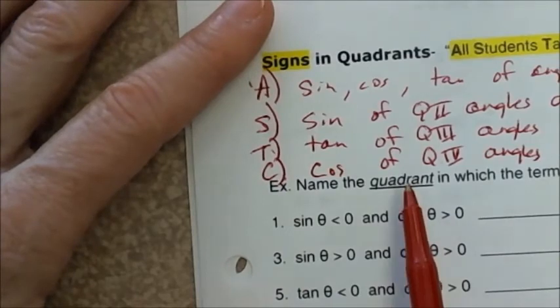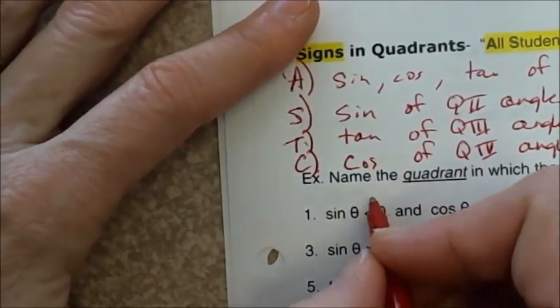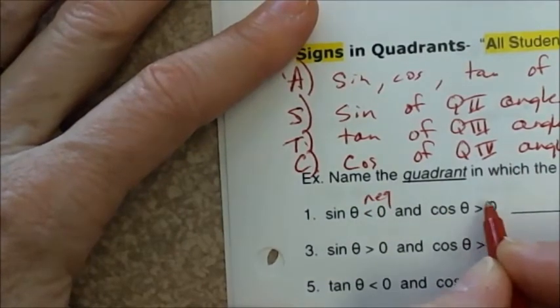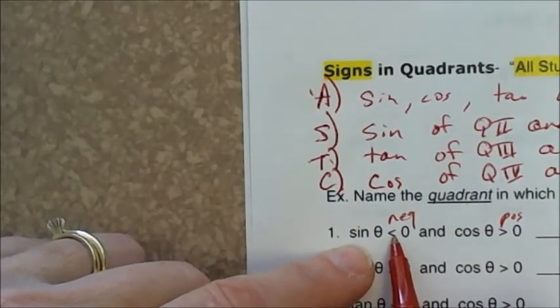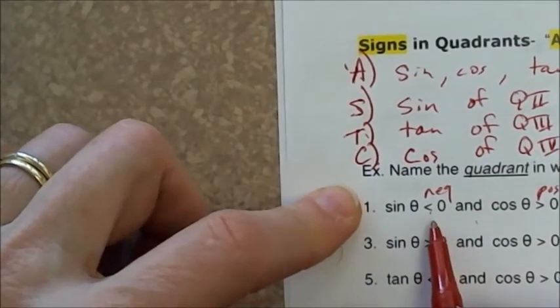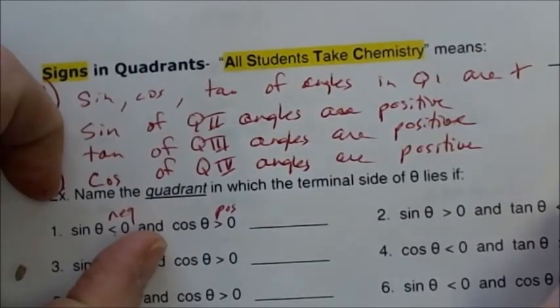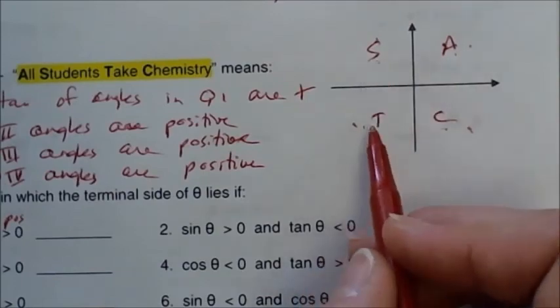All right, so the last thing is: what quadrant, 1, 2, 3, or 4, has a given sign, where less than 0 means negative and greater than 0 means positive? If the sine of an angle is negative and the cosine is positive, where is sine negative? The sine is negative in quadrants 3 and 4 because it's positive in quadrants 1 and 2.